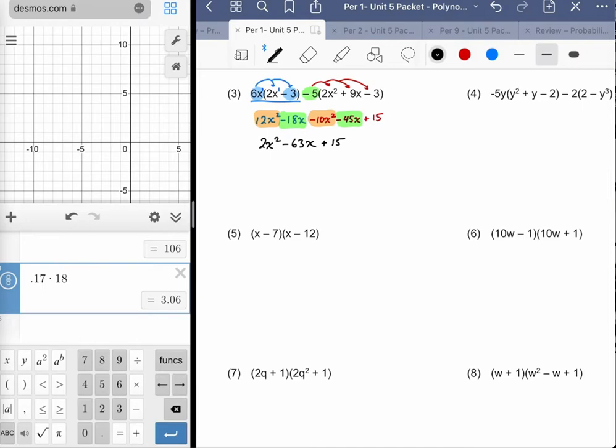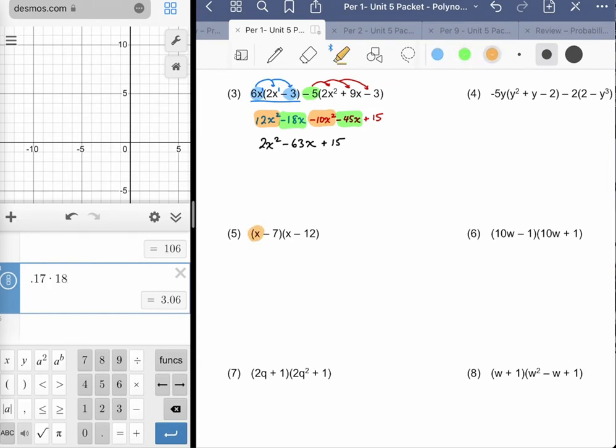When you're multiplying a binomial by another binomial, the only thing you have to remember, and this is the same for any kind of polynomial by polynomial situation, you're multiplying each part of the first polynomial by each part of the second polynomial. So I would look at this and say, I have an x.